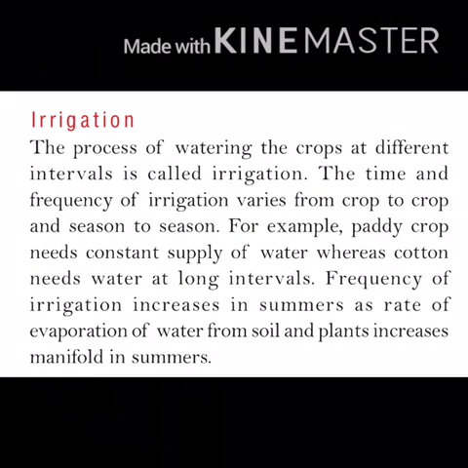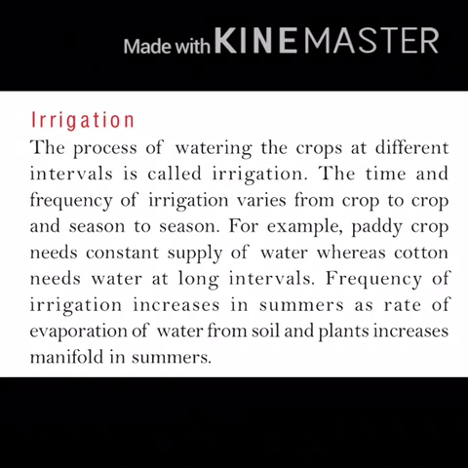And the frequency of irrigation increases in summers as the rate of evaporation of water from soil and plants increases. As you know, in summers the rate of evaporation is very high. Because of that, plants need more water, and plants increase manifold in summers. Manifold means new branches. So new branches also increase in summers, so they need more water to grow.